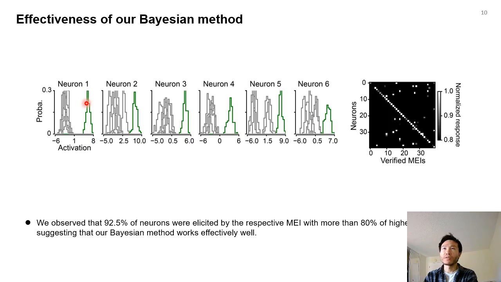We see that for the green ones, the respective MEIs, the activation is larger than the gray ones. We did this for other neurons. From this confusion matrix, you can see that more than 90% of neurons were elicited by the respective MEI with more than 80% of highest activity, suggesting that our Bayesian method works effectively well.